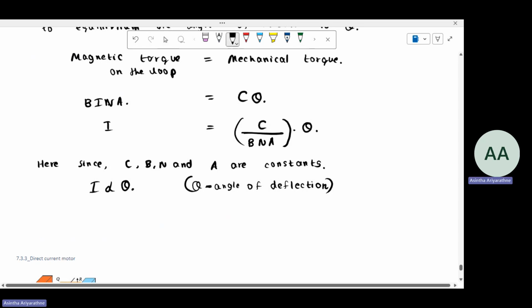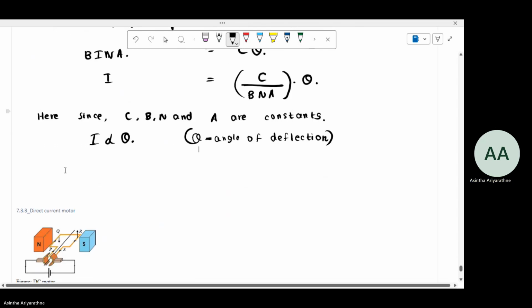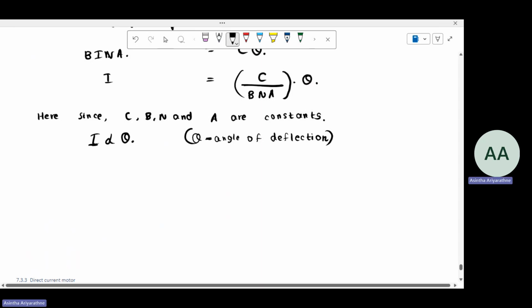So now it is clear that the current flowing through the galvanometer is proportional to the angle of deflection.